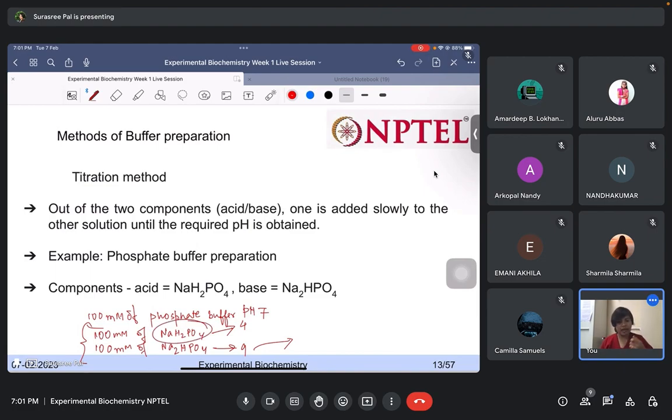By adding drops of NaH2PO4, we measure the pH continuously, and we keep on adding NaH2PO4, and once the required pH is obtained, we can collect the buffer and use it in our experiments, right? So this is the titration method of preparation of buffer.